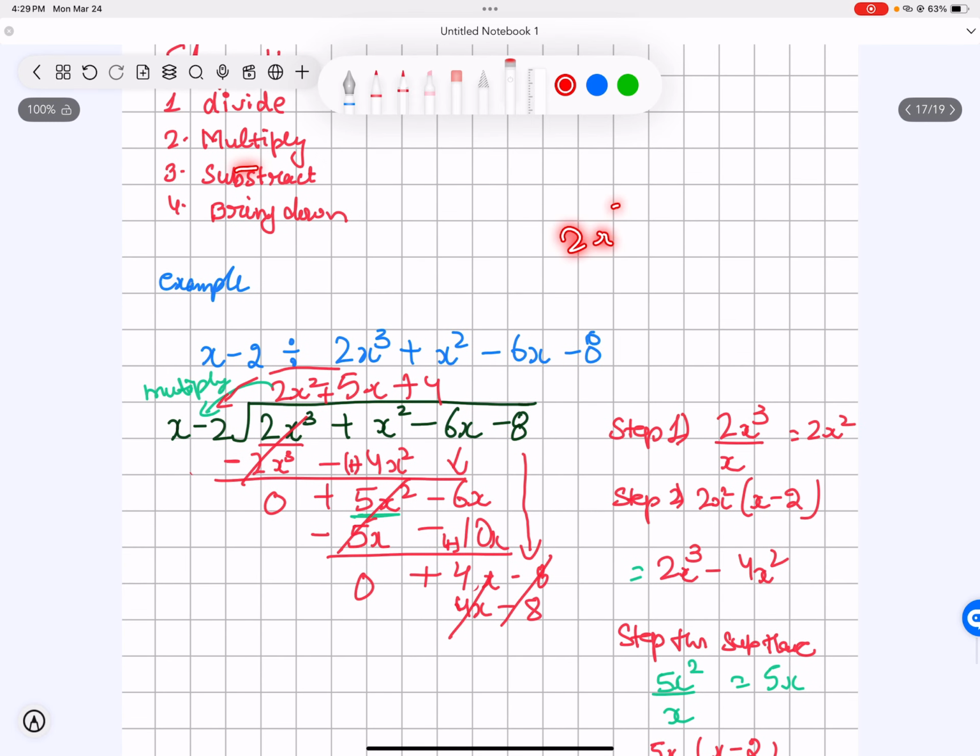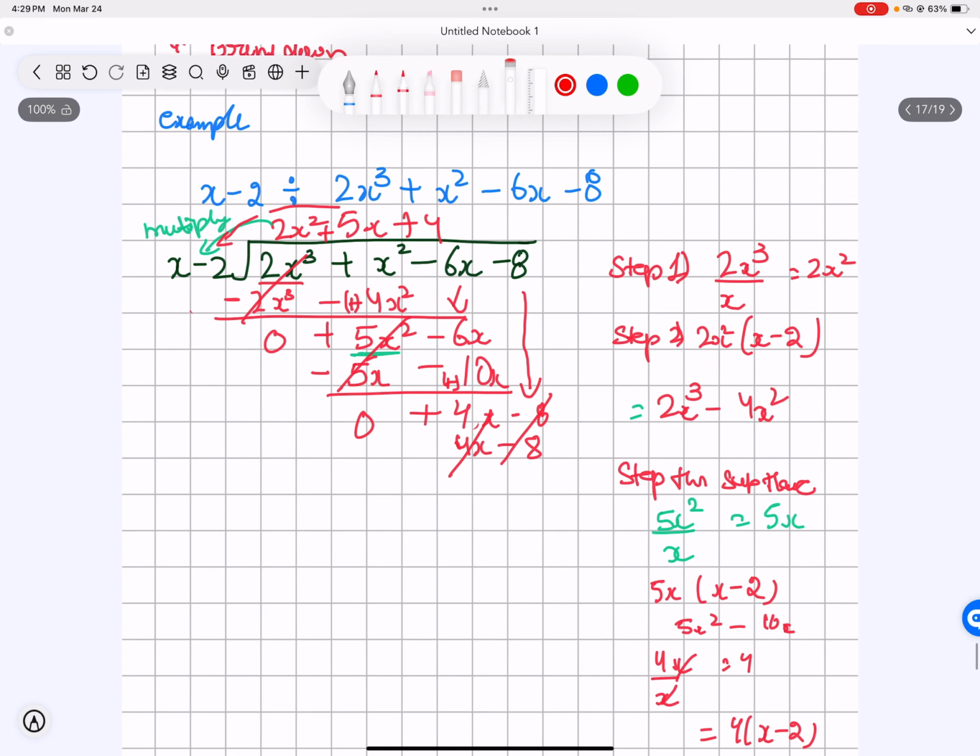I will multiply 2x squared by this whole thing, x minus 2. So here, 2x squared into x gives me 2x cubed, and then minus 2x squared into 2, 2 into 2 is 4x squared.